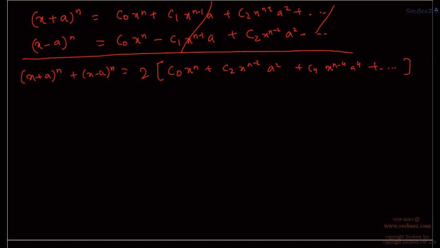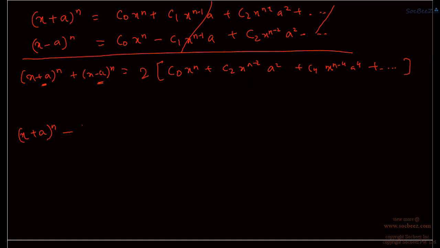Okay, so this is again a very important property of the binomial expansion. If I have (x + a)^n and (x - a)^n, when I add them up, here I have a and minus a, so that is why the odd powers will get cancelled out. Had this been (a + x)^n + (a - x)^n, all the odd powers of x would have cancelled out. So that is the part you have to be careful about.